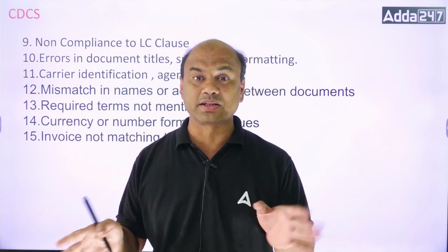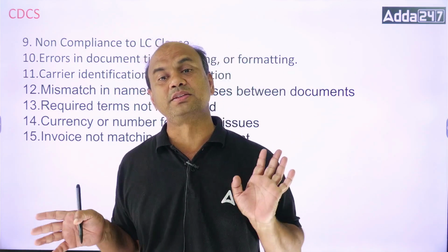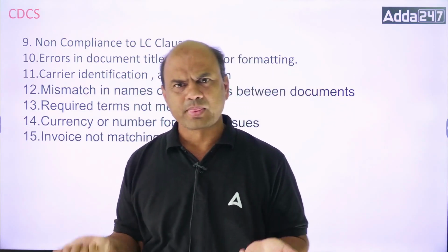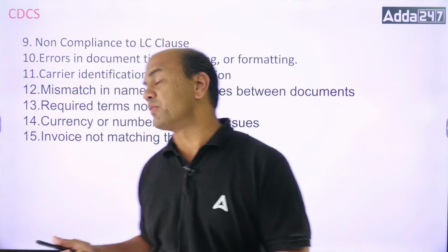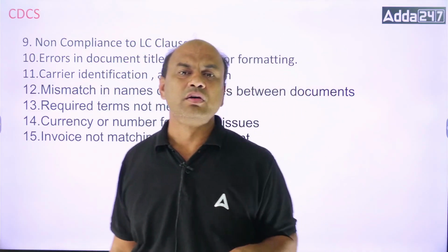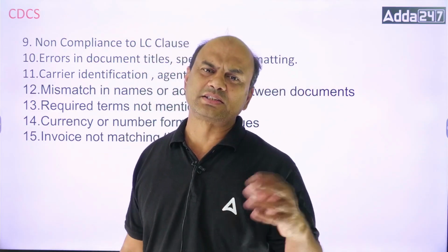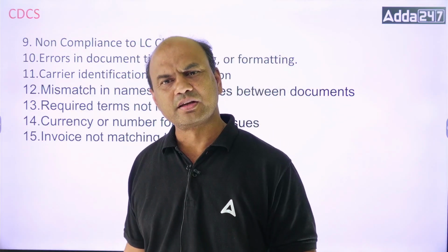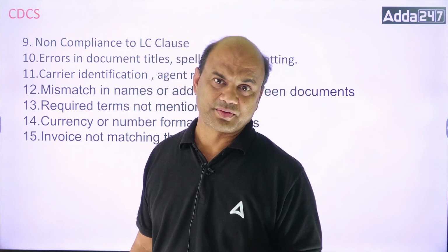Invoice is there, everything is correct, as per the credit everything is there, but I am not putting that stamp. It's a discrepancy. So whatever is required over here should be there. Or on the invoice, the credit says CIF and your term is FOB. Clearly a discrepancy, isn't it?